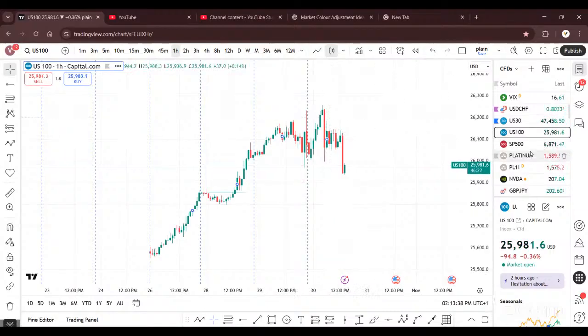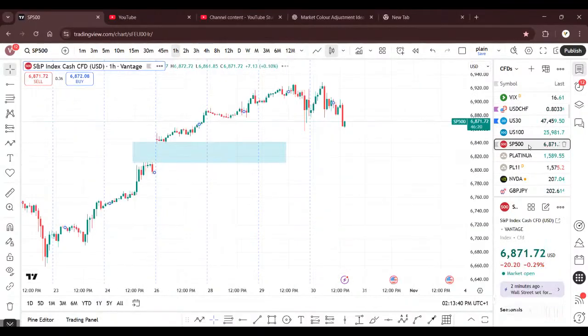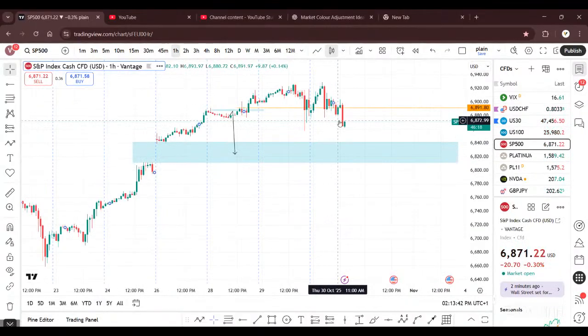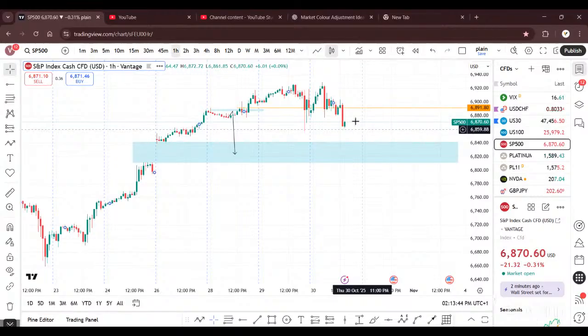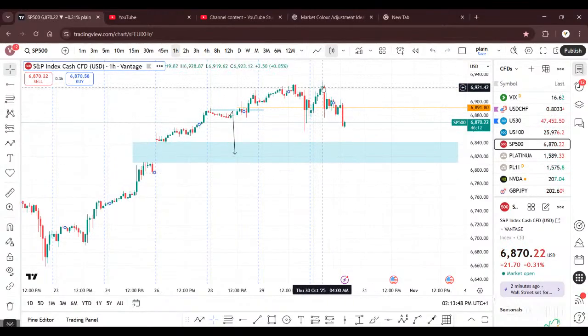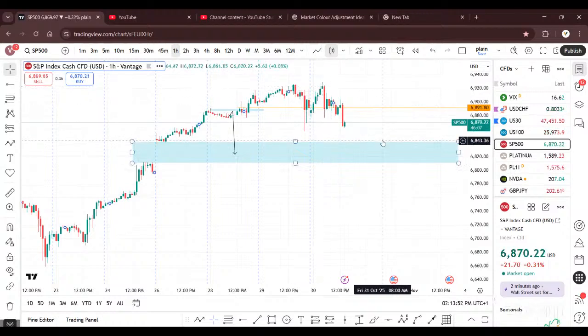The same thing with S&P 500. Price finally has broken structure to the downside. Expect that probably a touch on this order block to continue its movement, or this order block above, right, would be a very good zone for us to take trades and then expect price to continue in its original direction to the downside, right?